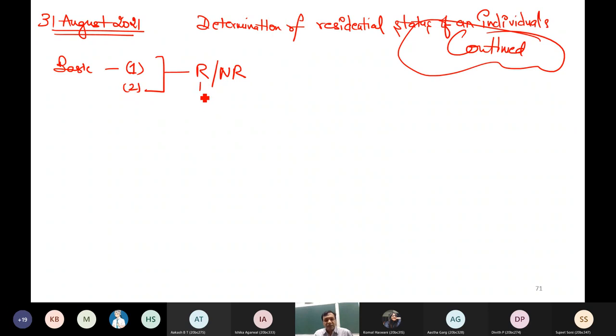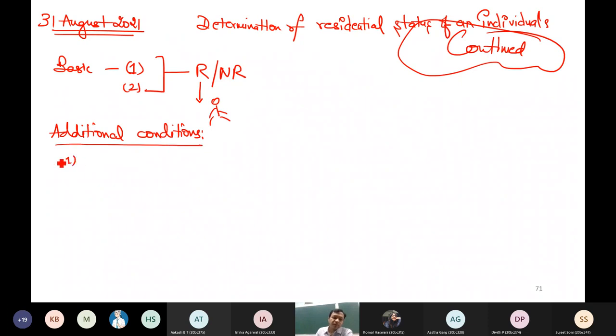But once an individual has become resident, you have to tell whether this person is resident and ordinarily resident or resident but not ordinarily resident. For this, you need to take the help of additional conditions, which we are doing now. So what is my additional condition number 1? The individual must be resident in India, not presence.